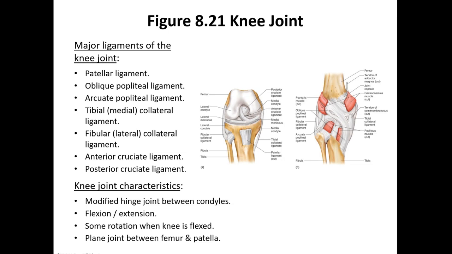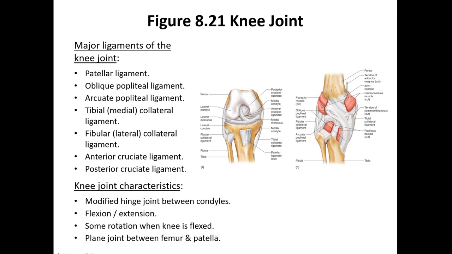So the benefit of these ligaments at the knee is that they help make flexion and extension possible, and they help make some rotation when the knee is flexed possible, and they also make a gliding joint between the femur and patella possible.